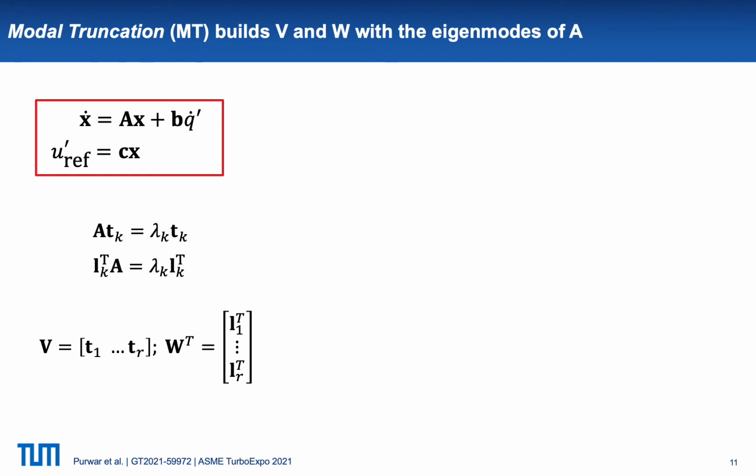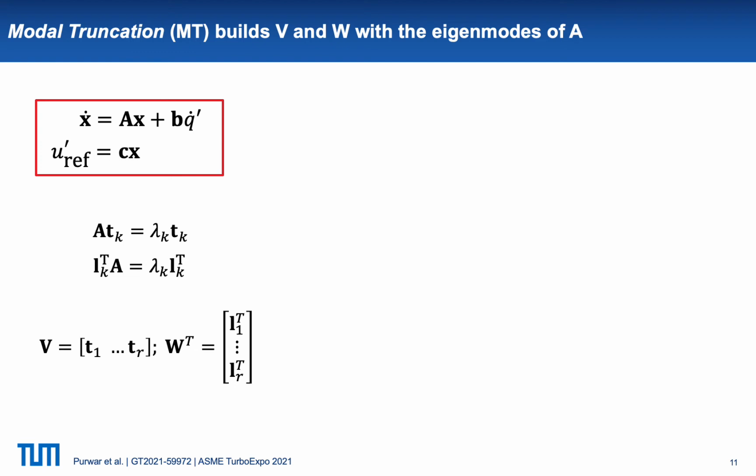In this method, the eigenmodes of the system matrix A are preserved. One can choose the eigenmodes that are to be preserved and build the basis of the projection matrices V and W using the left and right eigenvectors corresponding to those eigenmodes. There are multiple strategies to choose the eigenmodes that need to be preserved.